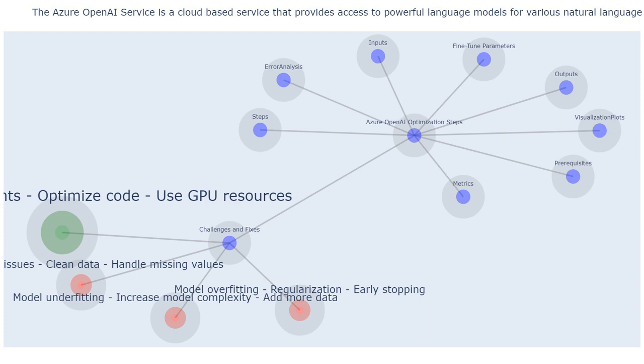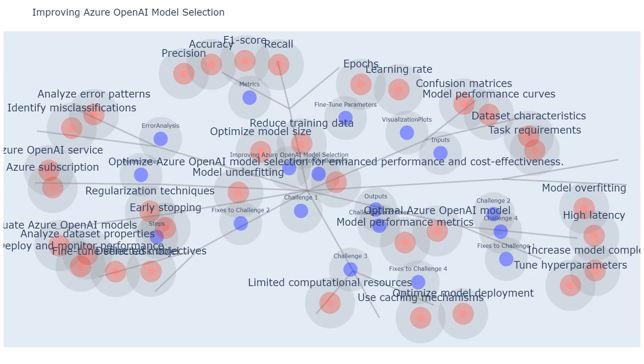Use GPU resources can significantly speed up the training process. GPUs are specialized processors that are designed for parallel computing and can handle the heavy computations involved in training large language models.